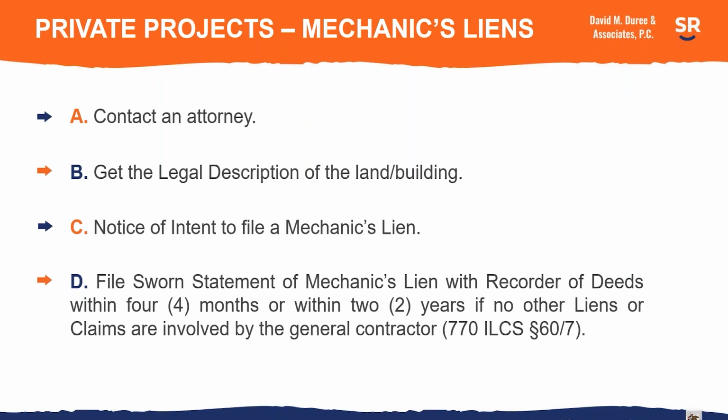Like I said, that rarely comes up because usually there's a mortgage, and usually there's some other contractor who has a lien claim. If you have a lien claim, there's probably somebody else that has one too.